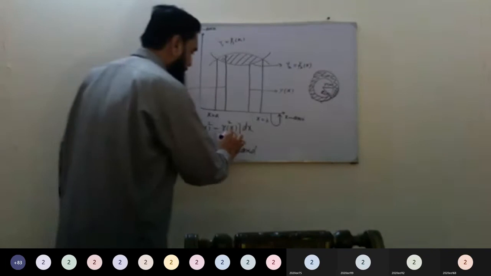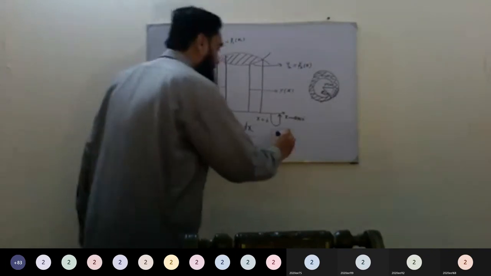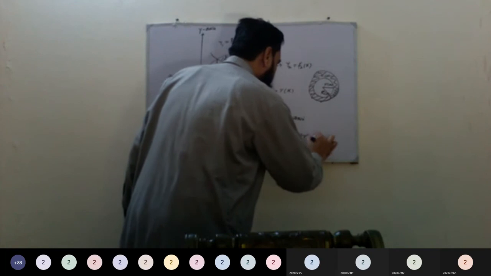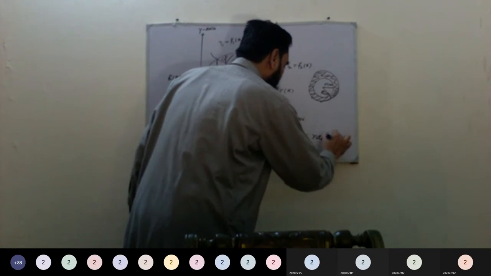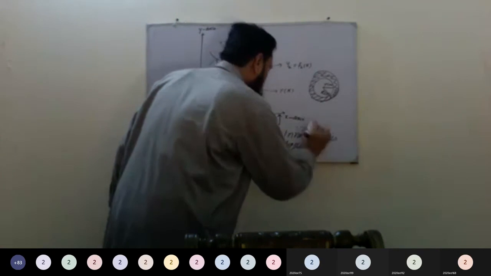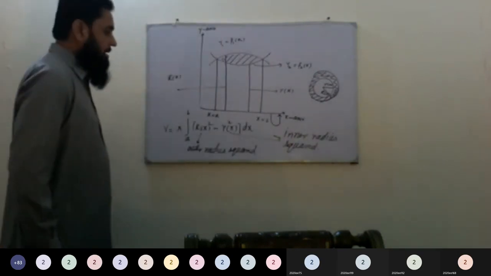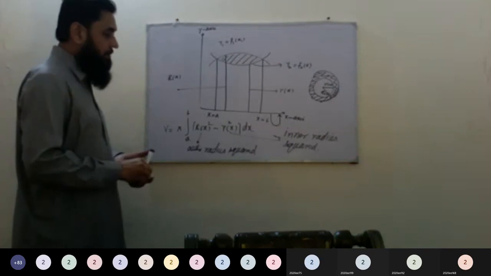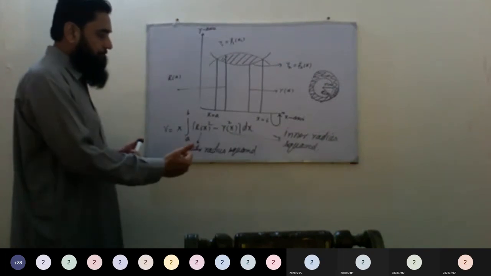What is that? Small r, inner radius squared. So if you look into the foundation of the disk method, it is pretty much on the same line.